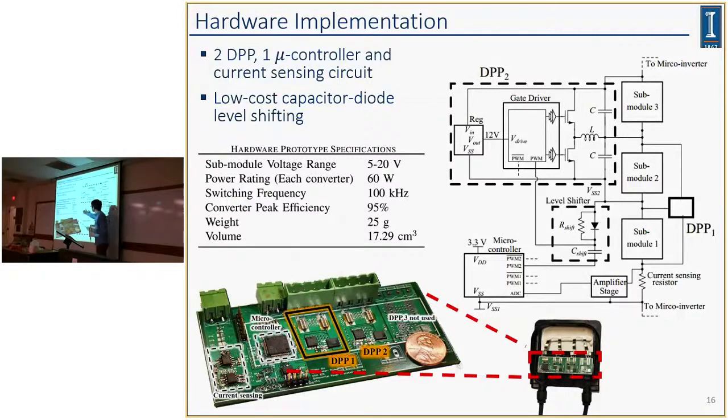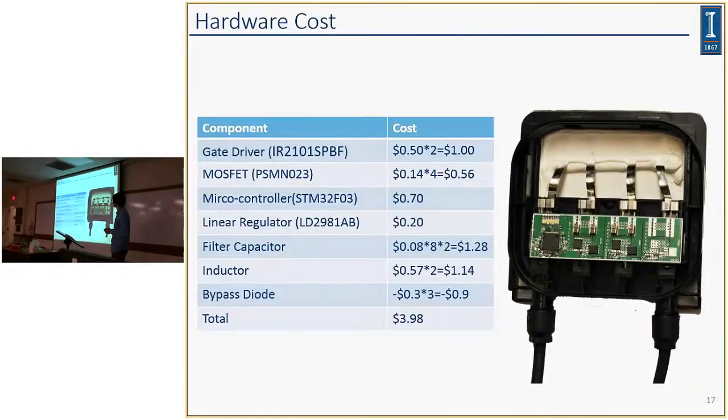And here are just the specifications of this converter. The nice thing is that we do achieve a relatively small circuit footprint, which goes right into the microinverter junction box. So it will offer some benefit in terms of cost.